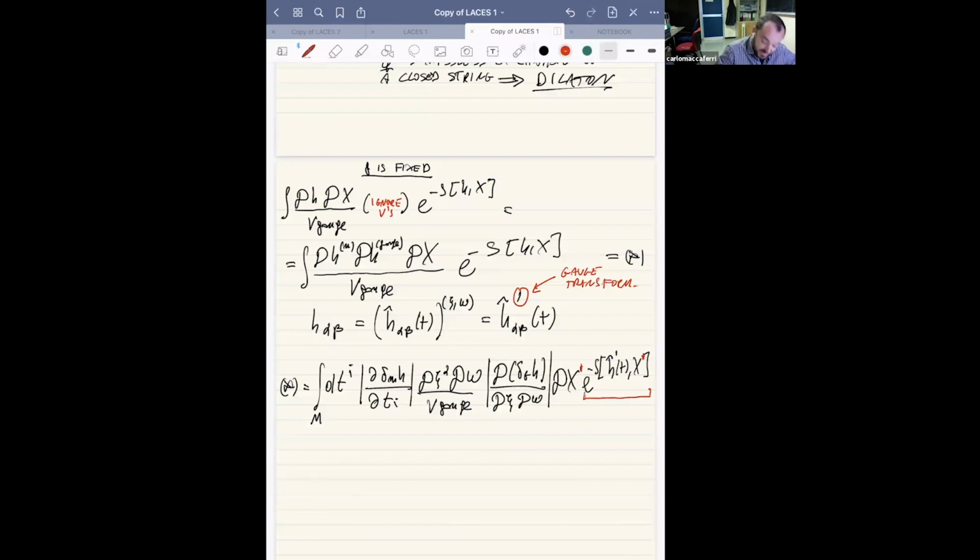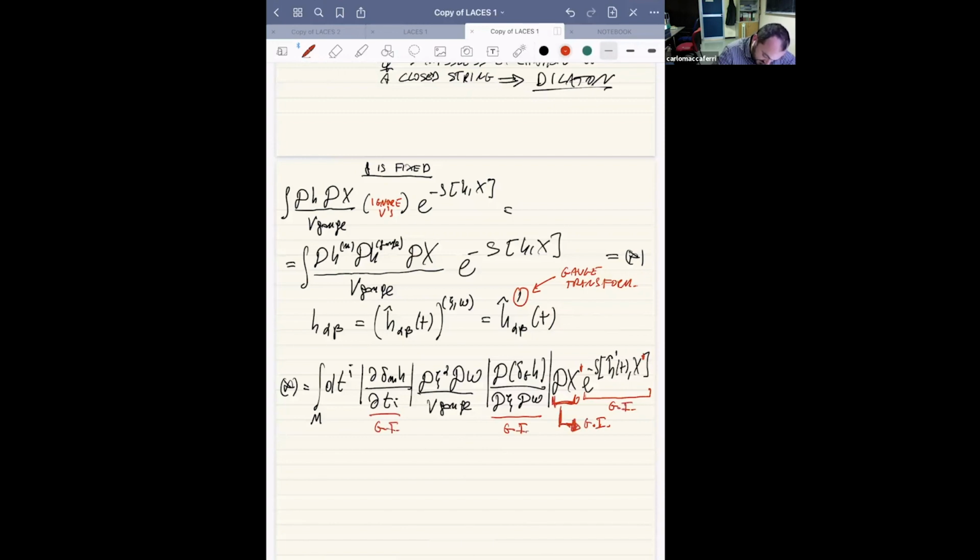Okay, and also it is possible to show that these determinants are also gauge invariant. So you see now the only thing that depends on the gauge parameters is in principle only the measure here. But in fact, it turns out, and this is something that I cannot really prove for you, that this is also gauge invariant. Okay, so these are all gauge invariant things.